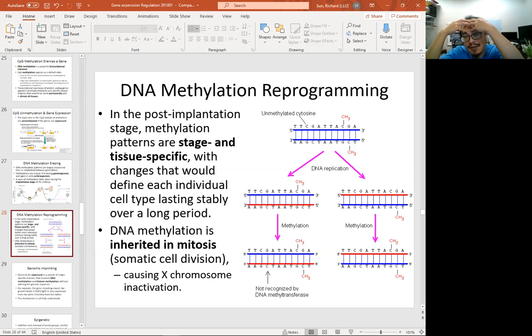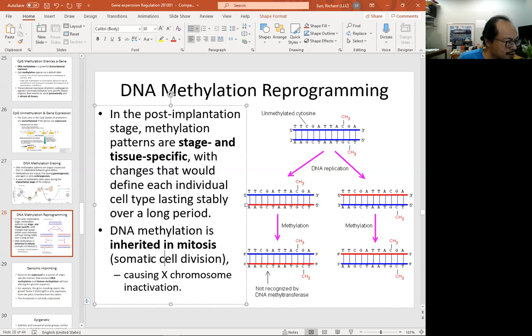They are methylated because they are the first pioneer. The precursor cells are methylated the same way that everybody else is methylated. However, their methylation is different from the methylation of the heart cells. So that's that. So DNA methylation is inherited in the mitosis through this somatic cell division.